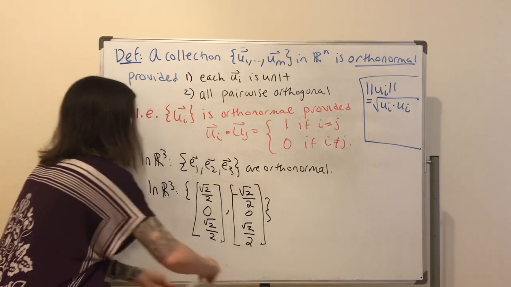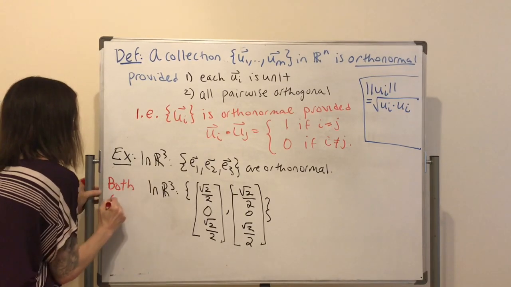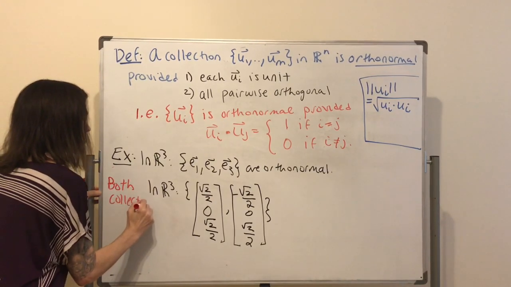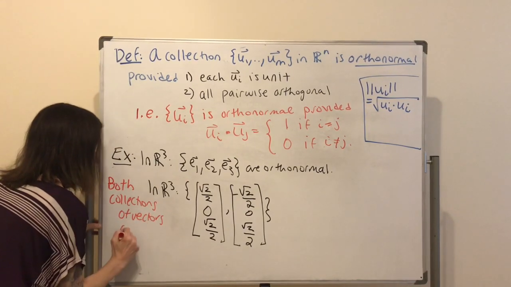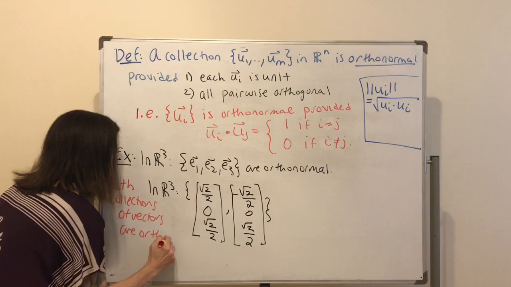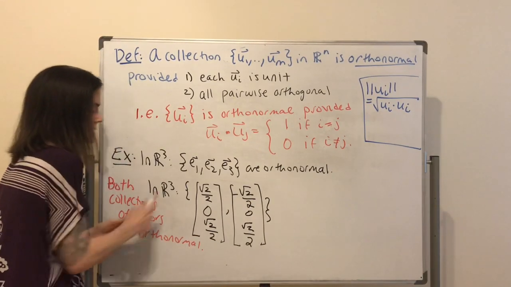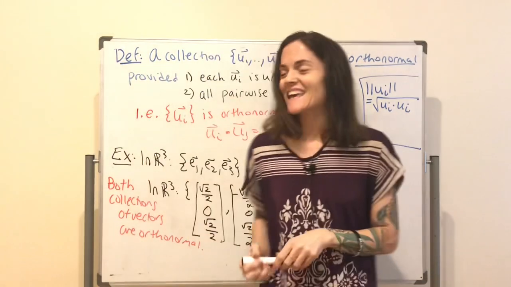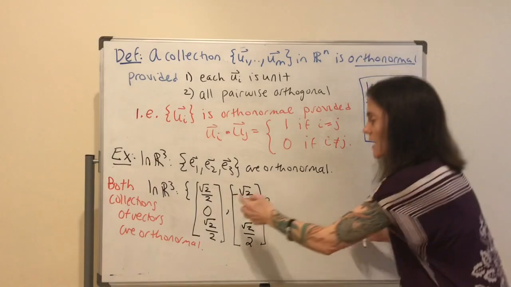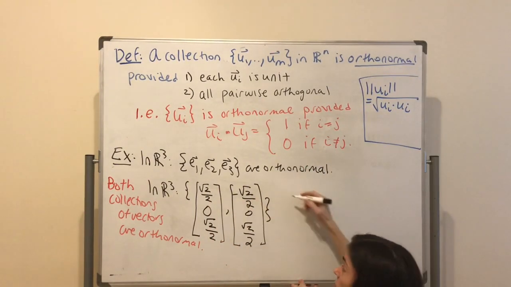Maybe I should write that. Both of these collections of vectors are orthonormal. This one might be the easiest to think about if you aren't sure about the second collection. Well, what is the length of one of these, or what is the dot product of one with itself?